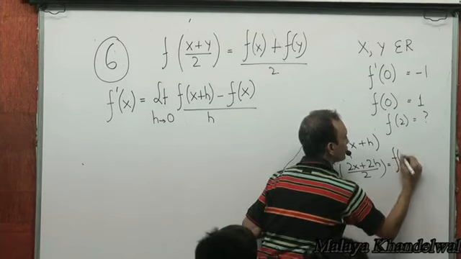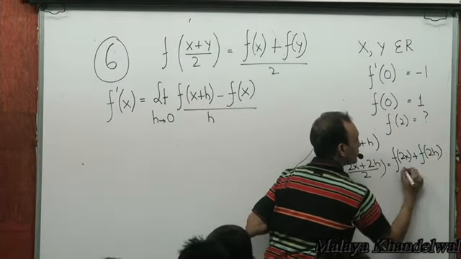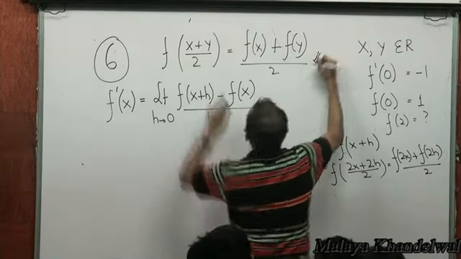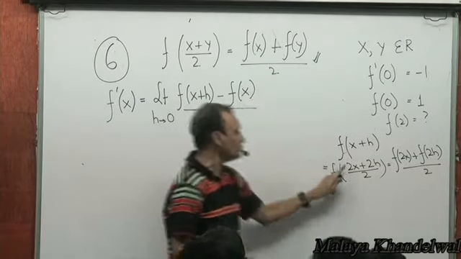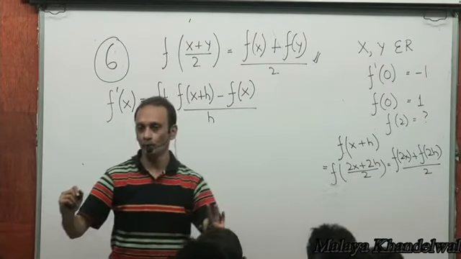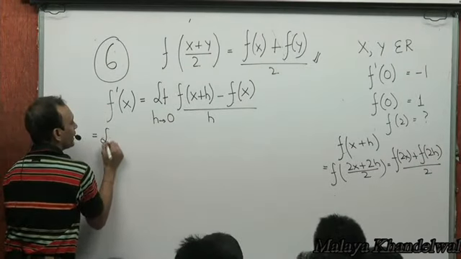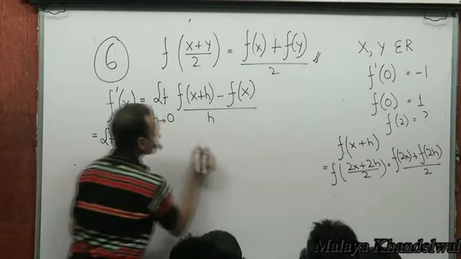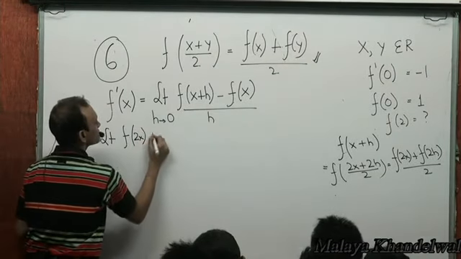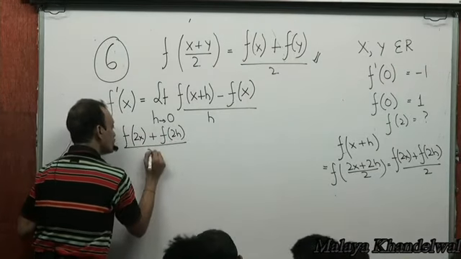This is going to be (f(2x) plus f(2h)) by 2 using this condition. So this f(x plus h) I write as limit of (f(2x) plus f(2h)) by 2. What do you say?